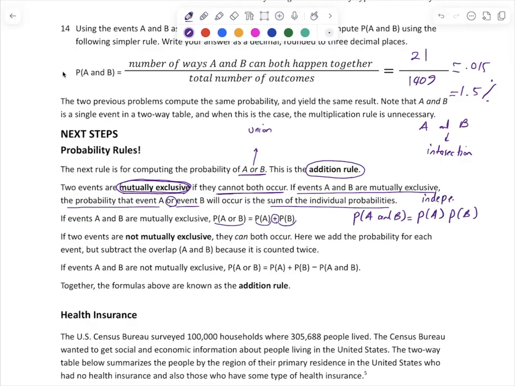For independent events, we use the multiplication rule. For mutually exclusive events, events that cannot happen at the same time, we use the addition rule. So note the difference between these two: independent, multiplication; mutually exclusive, addition.